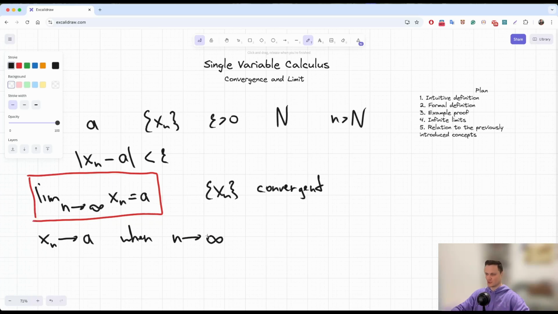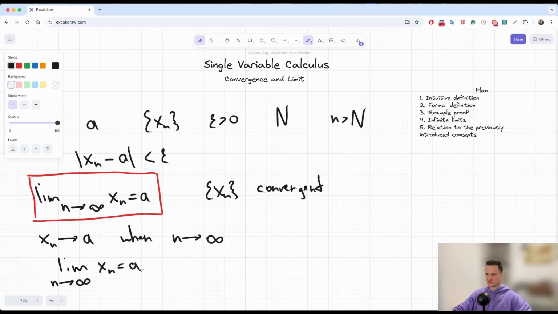In other words, when we increase the index n, so we go to the next, and the next, and the next element, this element becomes closer and closer to the limit. In different texts, this is also written in a slightly different way. For example, n tends to infinity may be under the sign of the limit.